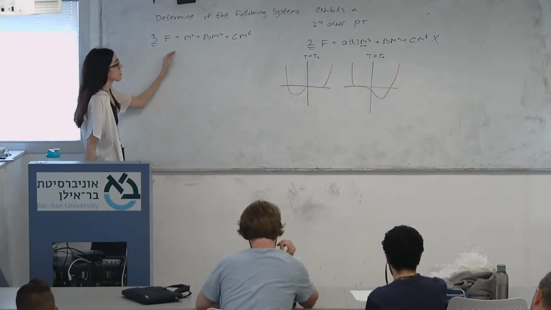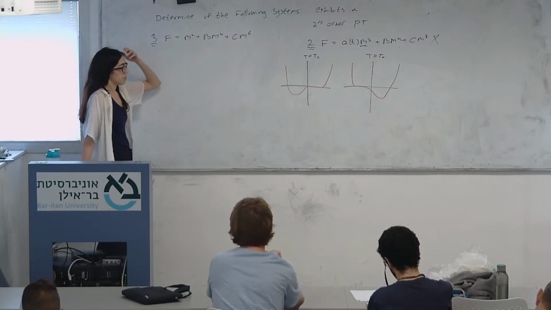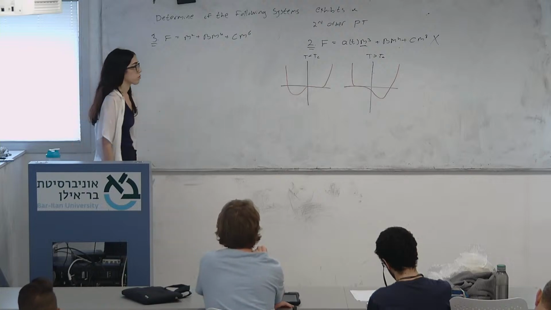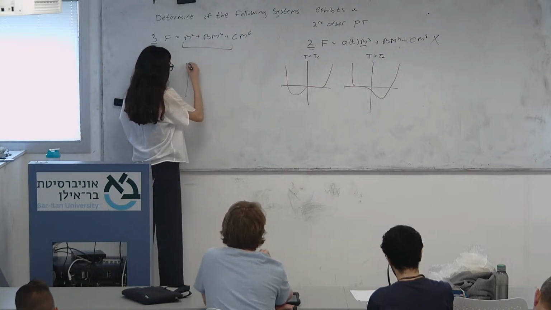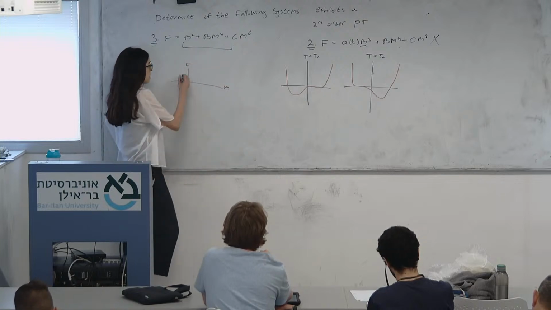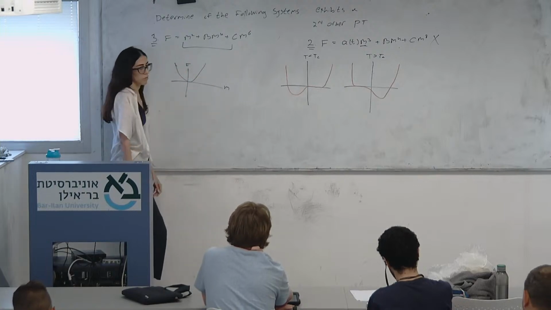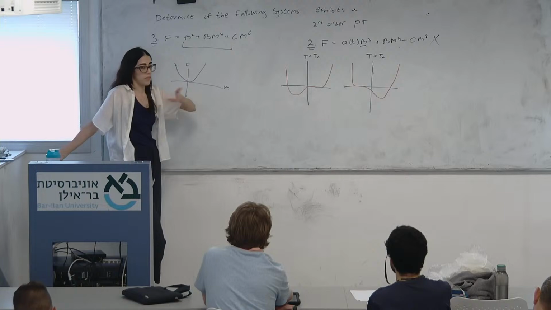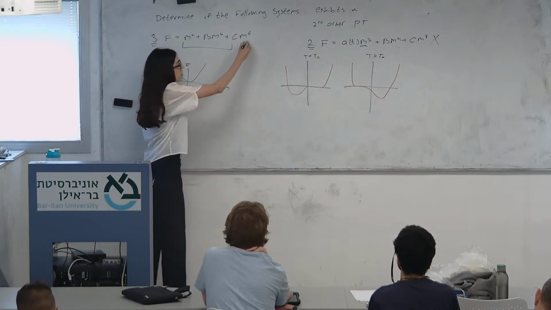So basically we don't have any explicit dependence on the temperature. If we look at f versus the order parameter, for any temperature we just have that. We don't have any transition. So no phase transition.